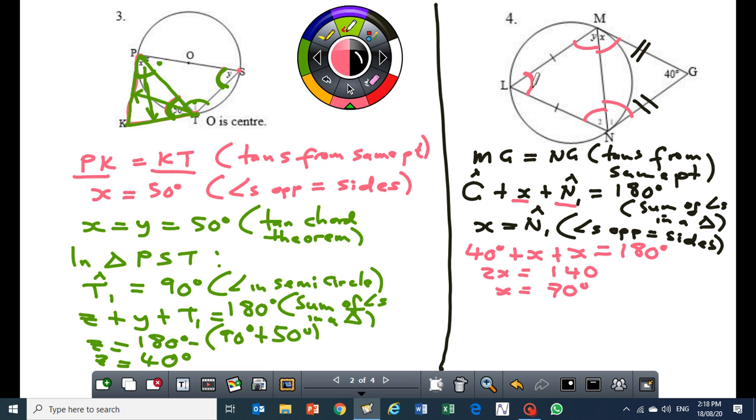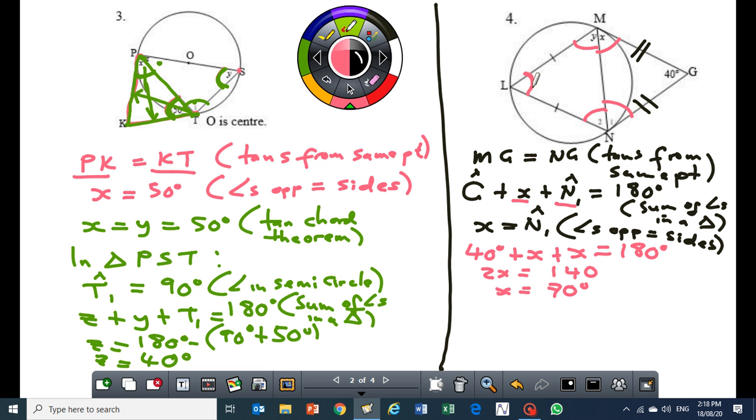So don't mention alternate angles because you have to prove that there are lines that are parallel. And we are not given any lines that are parallel in the diagram. If those lines that are parallel are not there, it means if you want to use that, prove it first that the lines are parallel. Now that will complicate things.